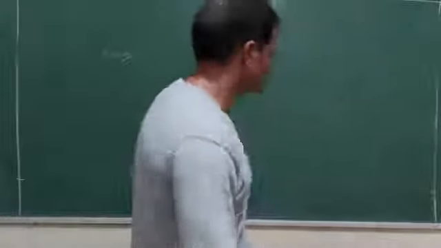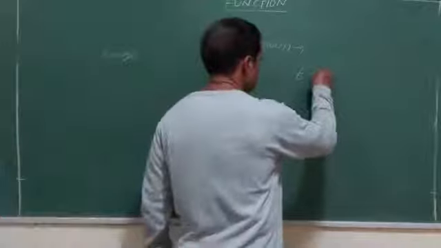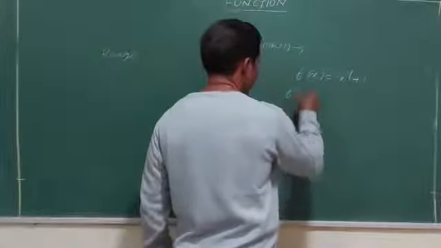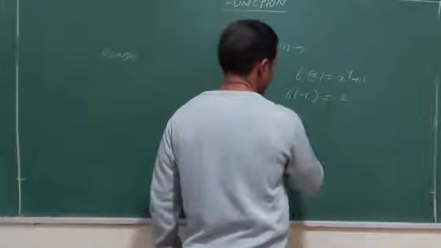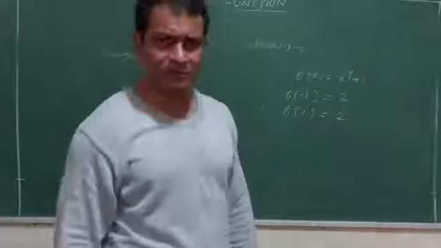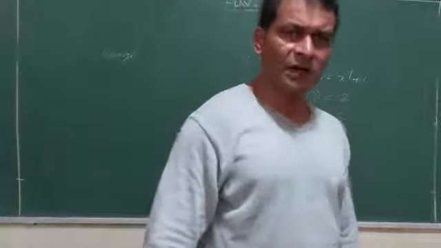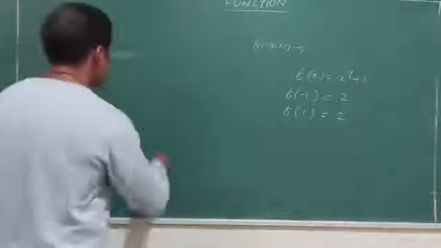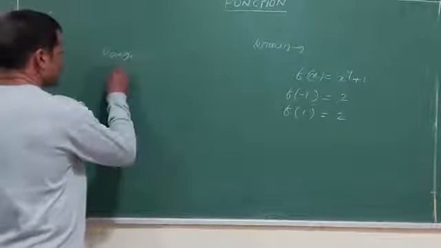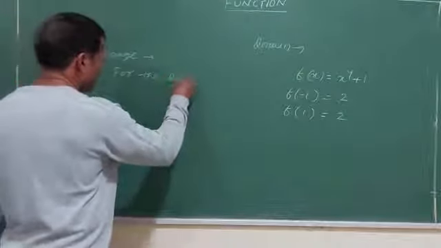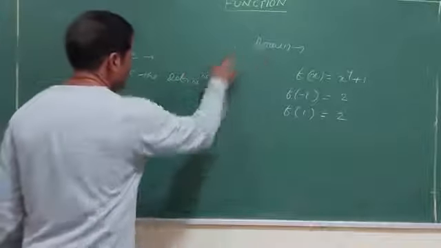For example, f(x) equals x to the power 4 plus 1. If I take f of minus 1, it is 2. F of 1 also I will take, it is 2. That may be possible sometimes. For different inputs, the output is the same. So, what is range? The range is, for the defined inputs, the output of the function. The words defined inputs mean what? The domain.